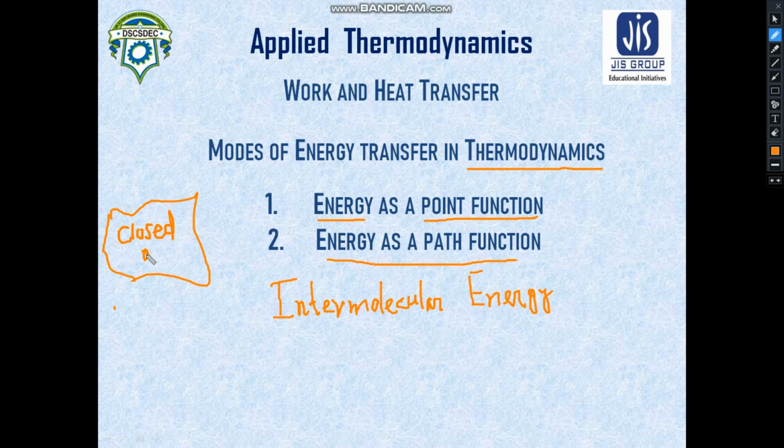This system has a kind of internal energy already within itself. So this is the point function, and there will be some kinds of energies which will cross the boundary. Those types of energies are work transfer and heat transfer.